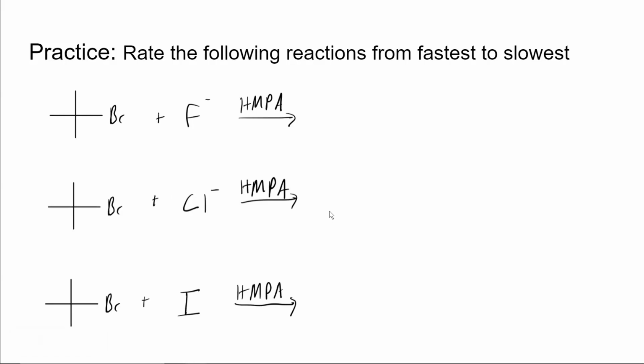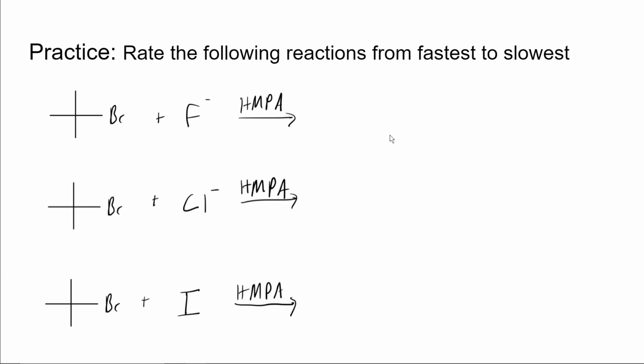So let's say, for example, we're going to replace this polar aprotic solvent with a polar protic solvent. Can anyone name a polar protic solvent? Just any solvent where there's an electronegative atom, like O or N, connected to an H? Yeah, ethanol, that's a very good example. And H2O, that's also a very good example.